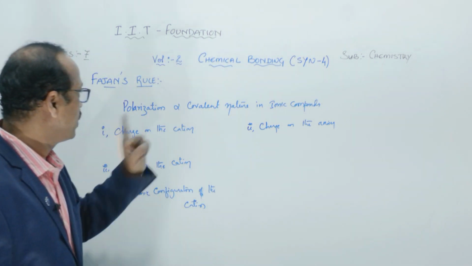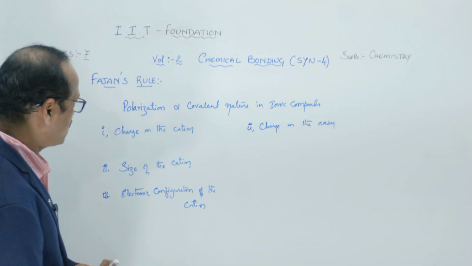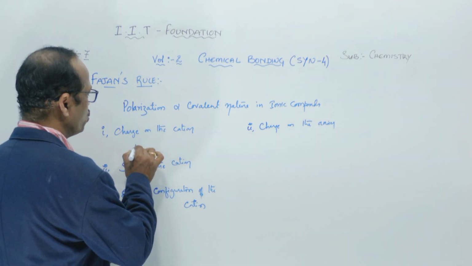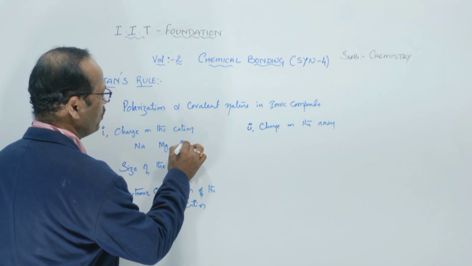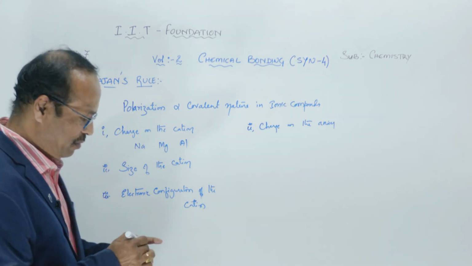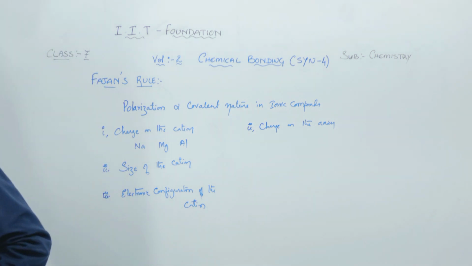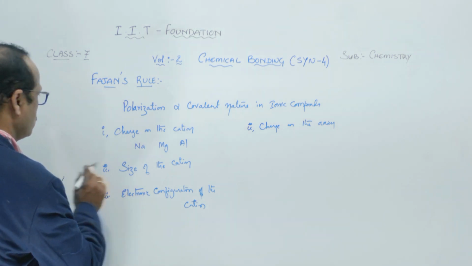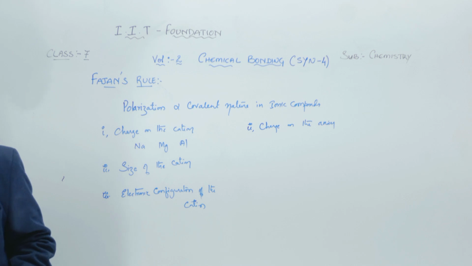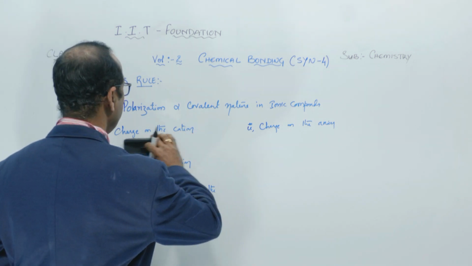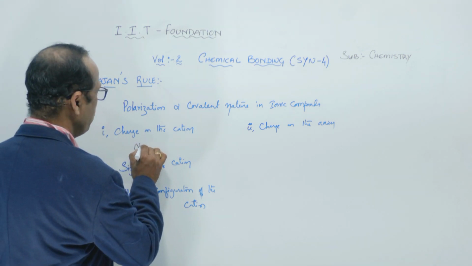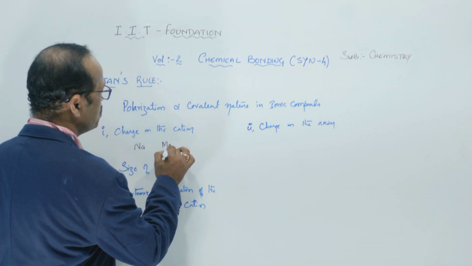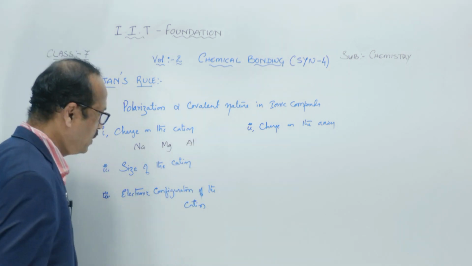Now, for example, I'm taking 3 elements: sodium, Na, magnesium, Mg, and aluminium, Al.